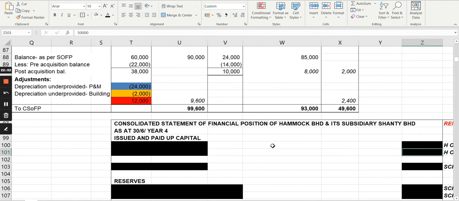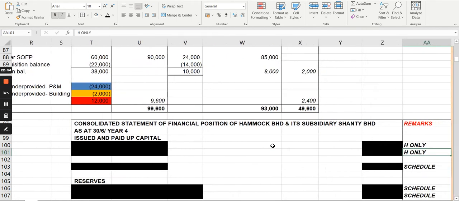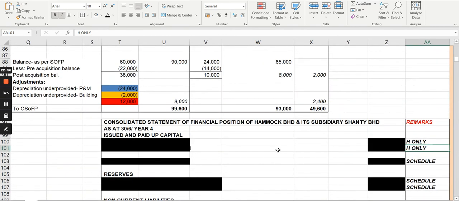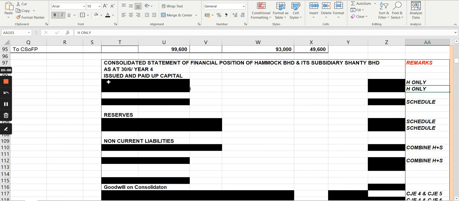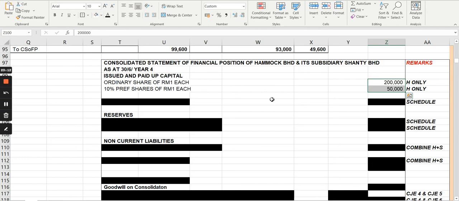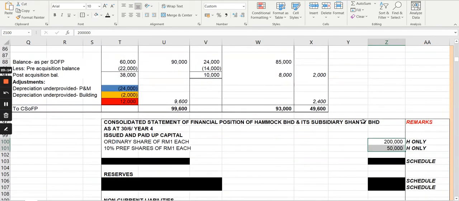So our next task is to prepare the consolidated statement of financial position. I'm starting off with equity today. So for the equity section, I'm starting this to highlight to you that the ordinary and preference shares that you will show here will just be the ones of the parent company. The ones of the subsidiary have been eliminated.